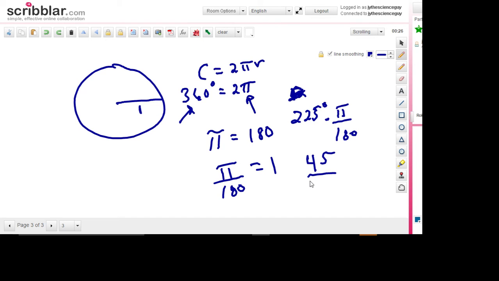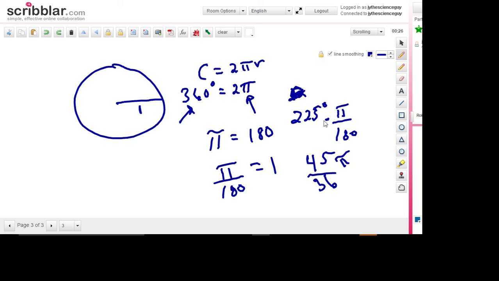No, wait. What number goes into both of those two numbers? 3.